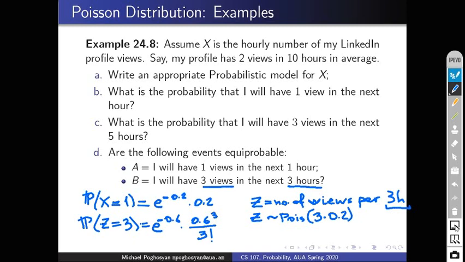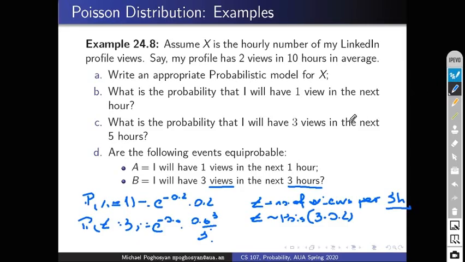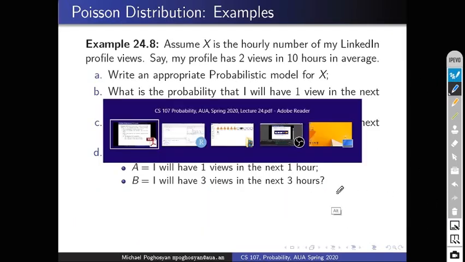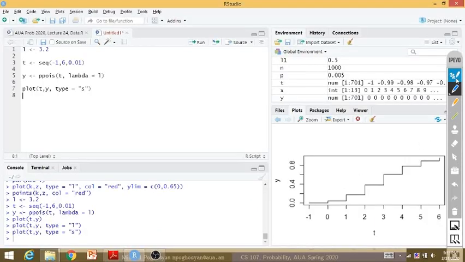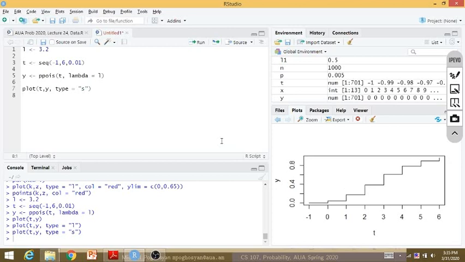So I'm erasing this. Erasing this too. And yeah, I can write it here.